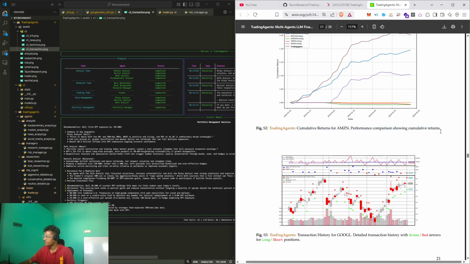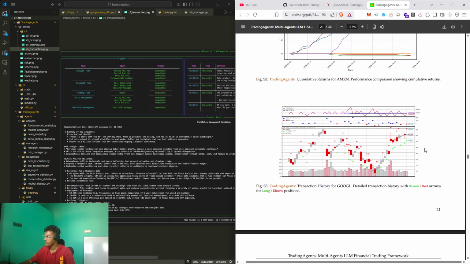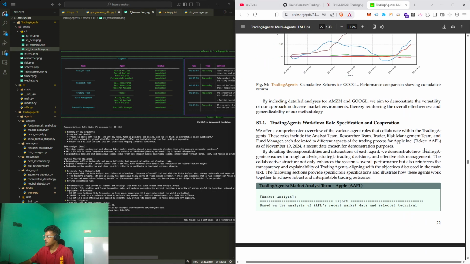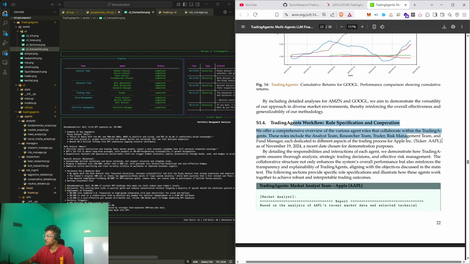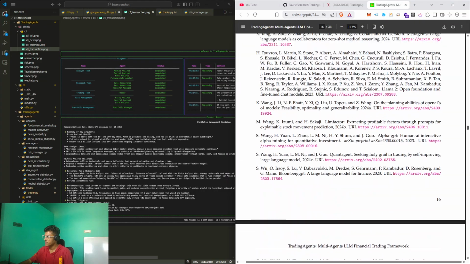Cumulative returns for Amazon, performance comparisons showing cumulative returns. Okay, let's go back.